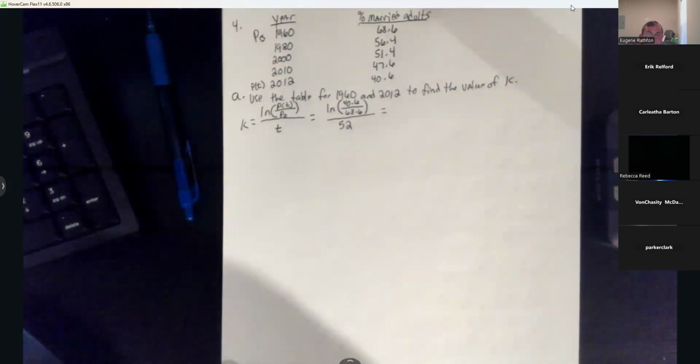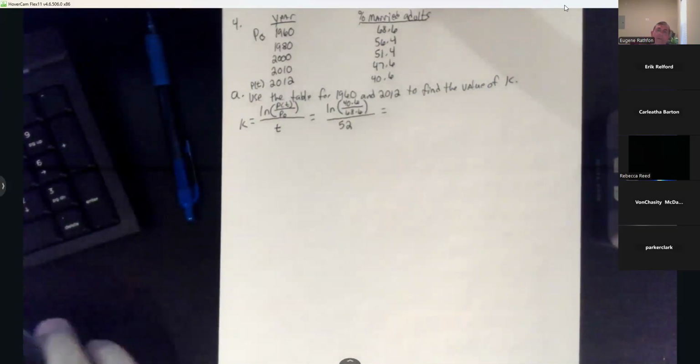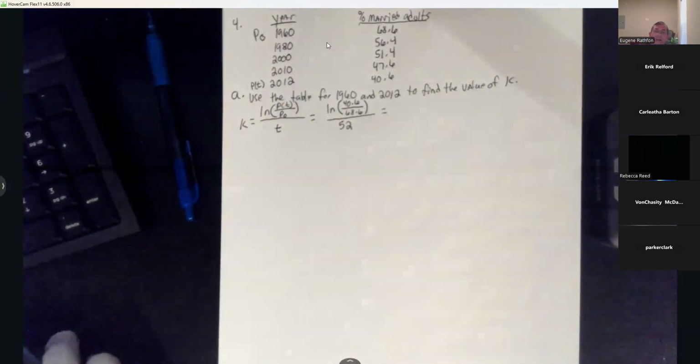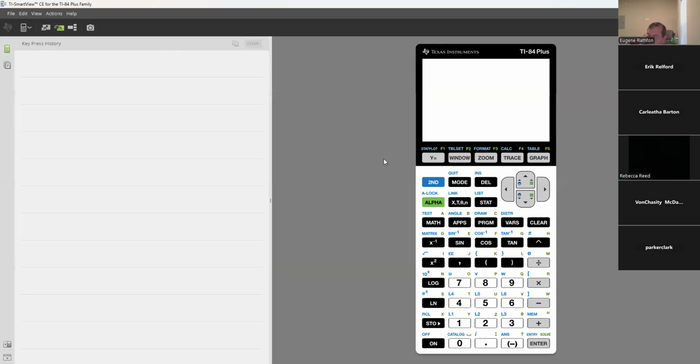All right, this one they want me to round to 4 decimal places. So I'm going to go to my calculator and let's punch this in. I'm going to make it look like a fraction. Alpha y equals enter.